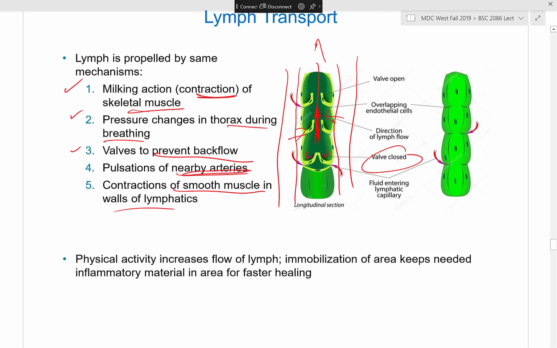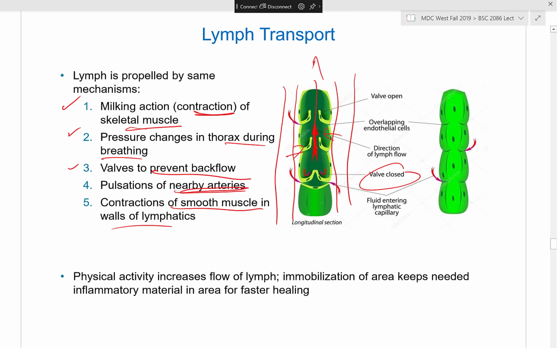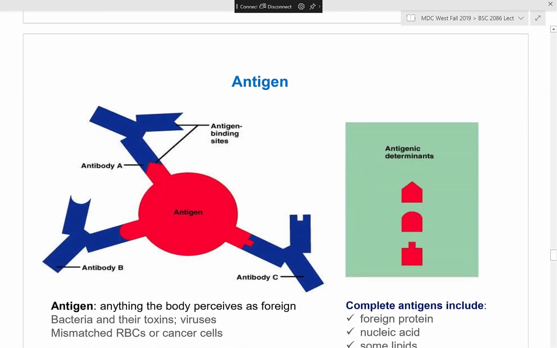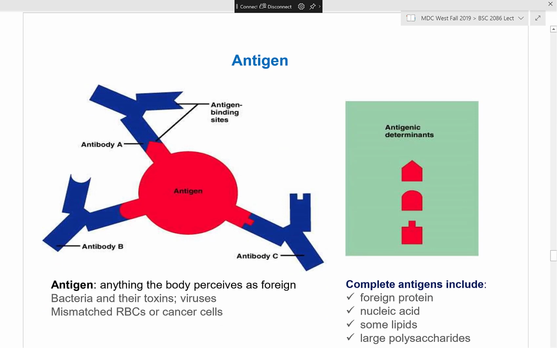So yes, they have smooth muscles, so they're able to constrict the lumen. So all these are the mechanisms that the lymphatic vessels use to transport the lymph back towards the heart, into the right or the left thoracic duct. Okay?